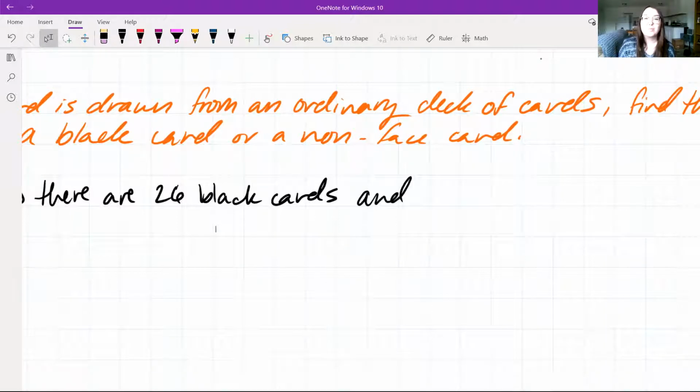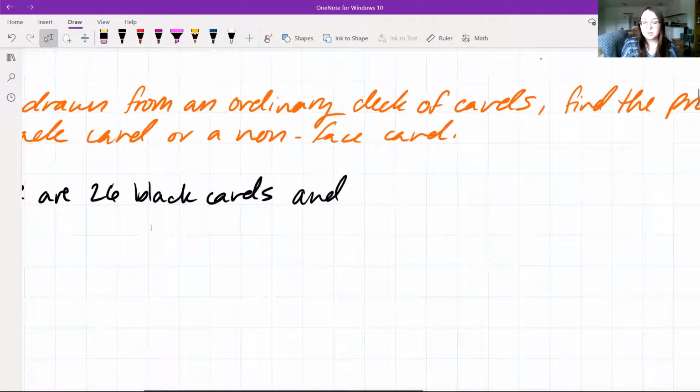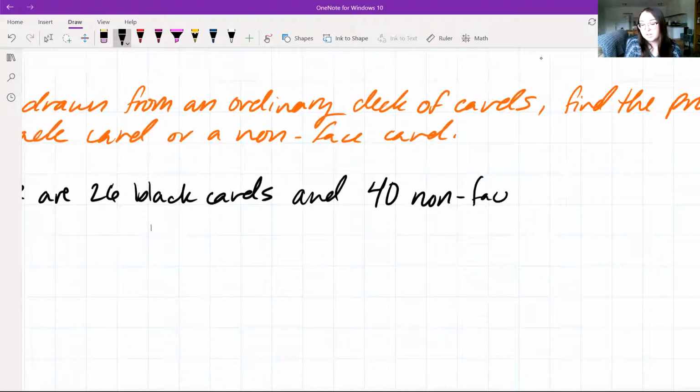There are 3 face cards in every suit and 4 suits, which means there are 12 face cards in a deck. So there are 26 black cards and 40 non-face cards, which is ace through 10 for 4 suits: 10 cards per suit, 4 suits, 40 non-face cards.